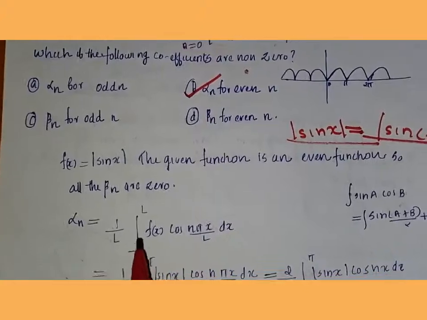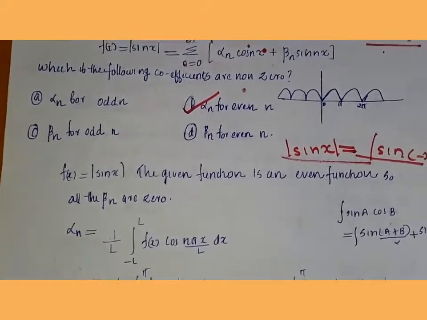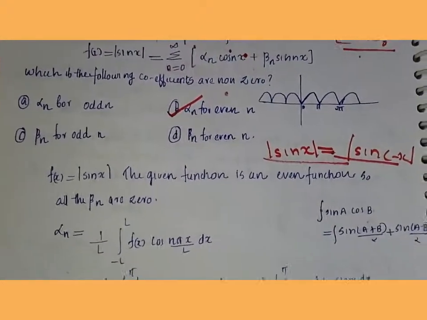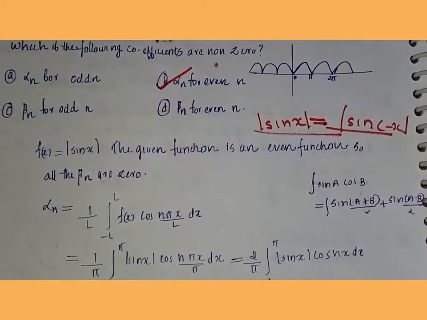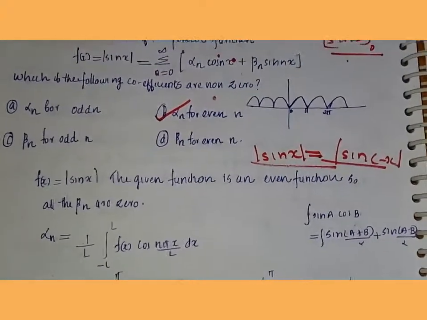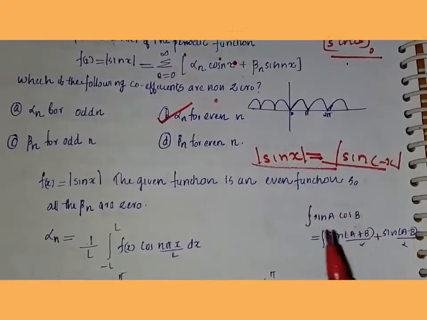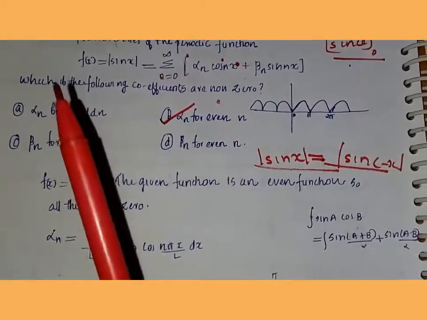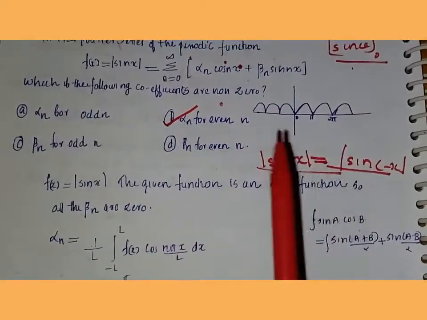For an even function, we know that the beta n, that is the sin term, will be 0. So we have to find alpha n, that means a n terms, that is 1 by L integral minus L to L f of x cos n pi x divided by L dx. Here from this diagram we know that because the function is mod sin x, the graph is like that.